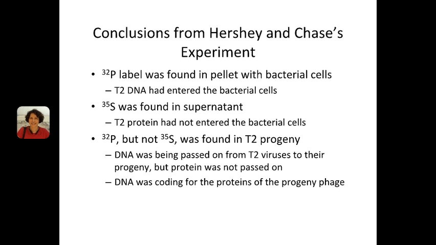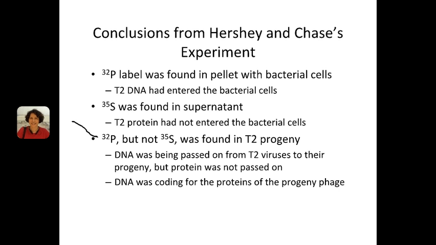So the capsid, during the blending procedure, got sheared off of the surface of the bacterial cells, and then during the centrifugation procedure, these light capsids remained suspended in the supernatant and did not go into the pellet with the bacterial cells.